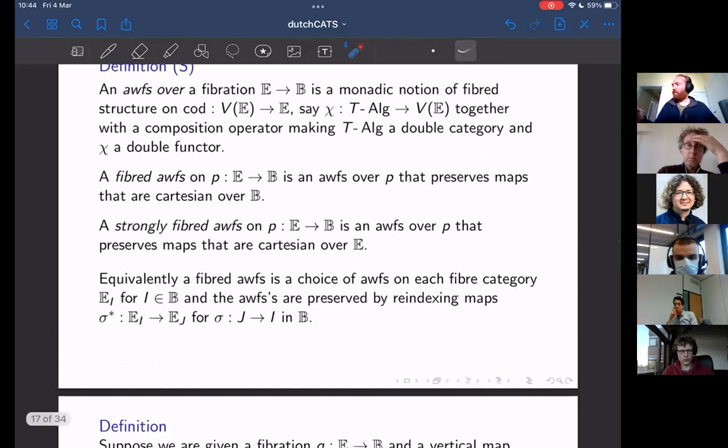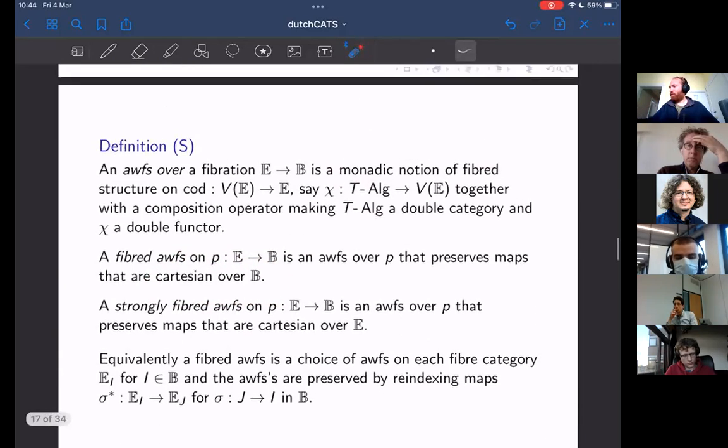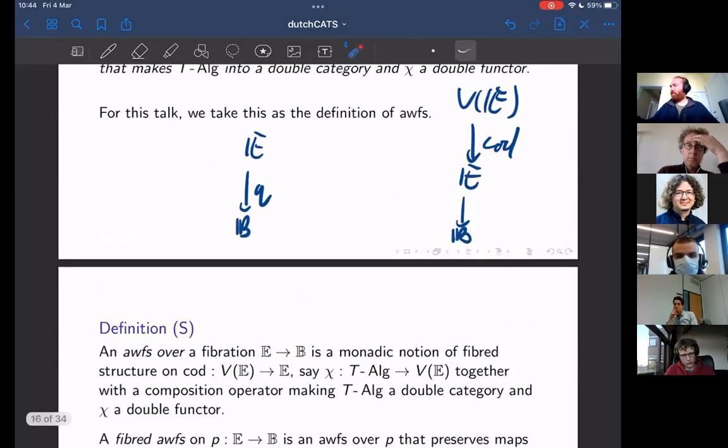And then I say it's fibered if it preserves maps that are Cartesian over B. When we have a composition of two fibrations like this, we have two different notions of Cartesian map up here, depending on whether we're thinking of this as the base of the fibration or this as the base of the fibration.